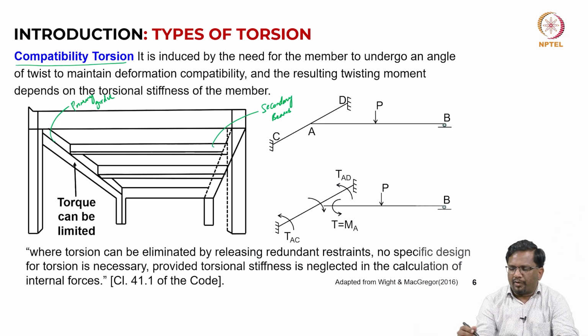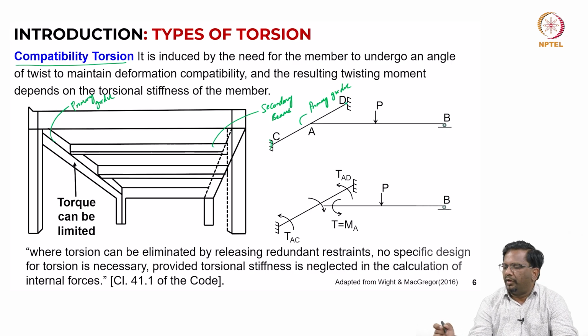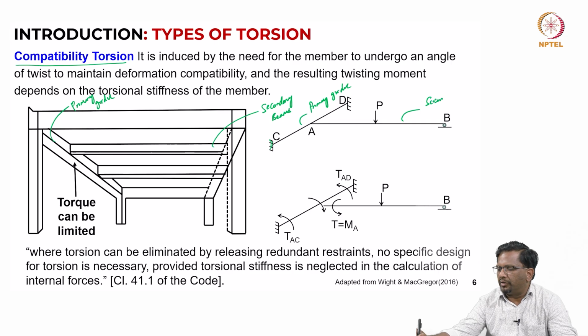Now, if you look at just the free body diagram of the example that you see here, let us say this is the primary girder, and let us say that the far ends are fixed. Now, AB you can assume as a secondary beam.